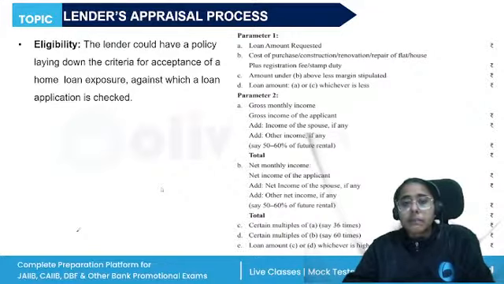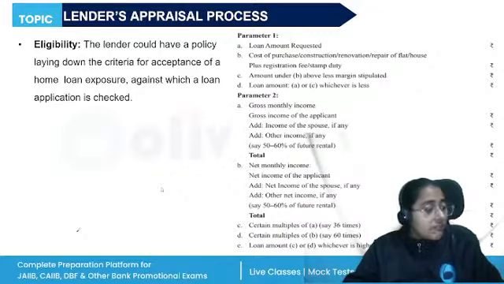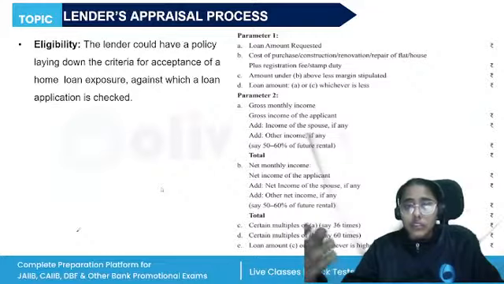certain parameters that the banks take into consideration while deciding the credit standards are given, like the loan amount requested, the cost of purchase or construction or renovation, and the amount under the cost of purchase less the margin stipulated.